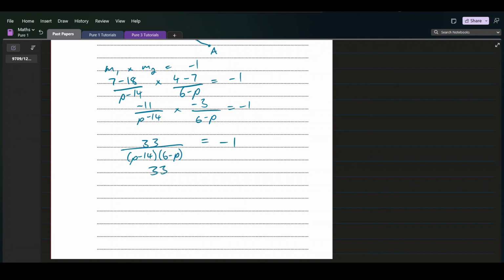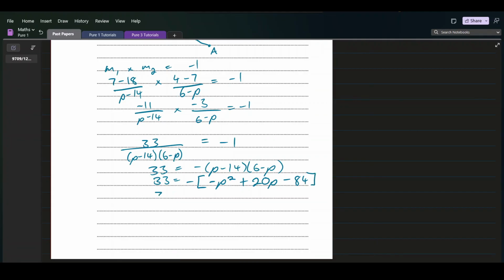We can write this as 33 is equal to negative (p minus 14)(6 minus p). Let's expand our brackets on the right hand side. So we get negative p squared, then 6p plus 14p, which is 20p, and then finally negative 14 times 6, so that gives us -84.